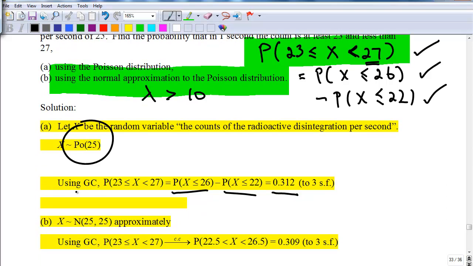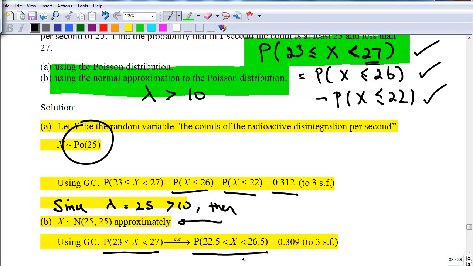So what I will have to do is say, since my lambda is 25, bigger than 10, then I can straight away say that my X is a normal distribution with mean 25 and variance 25 approximately. Then this probability is what I want to find. I need to use my continuity correction to change it to X between 22.5 and 26.5, and then use my GC to compute the answer. It's just a normal CDF from here onwards, and I'll get 0.309.